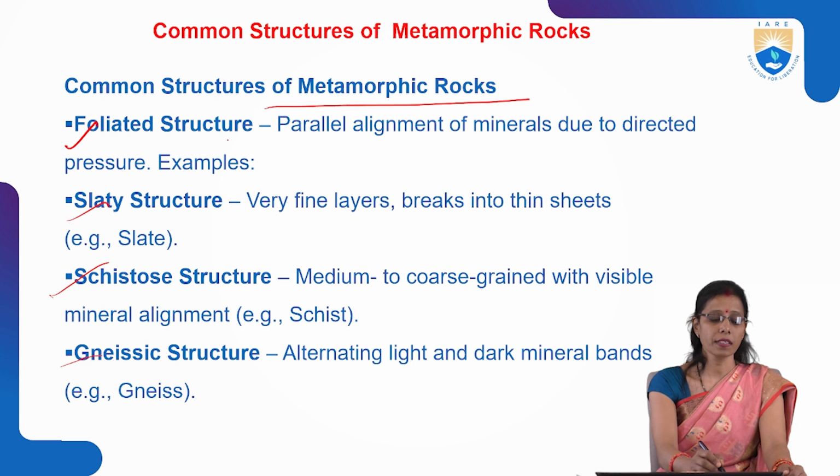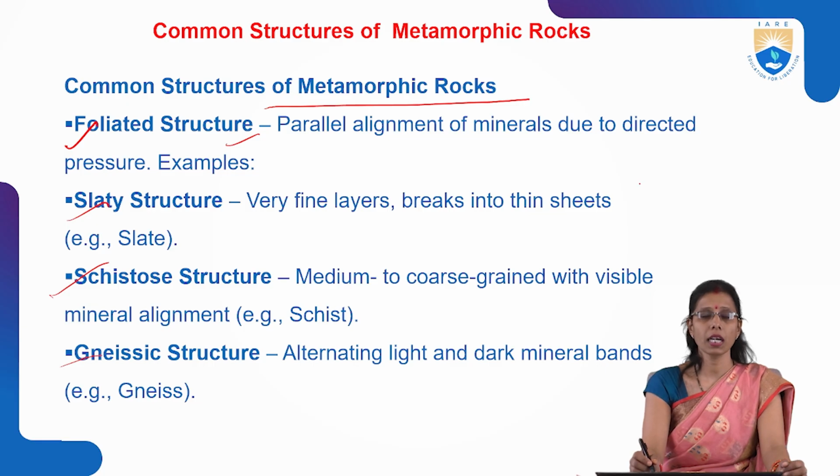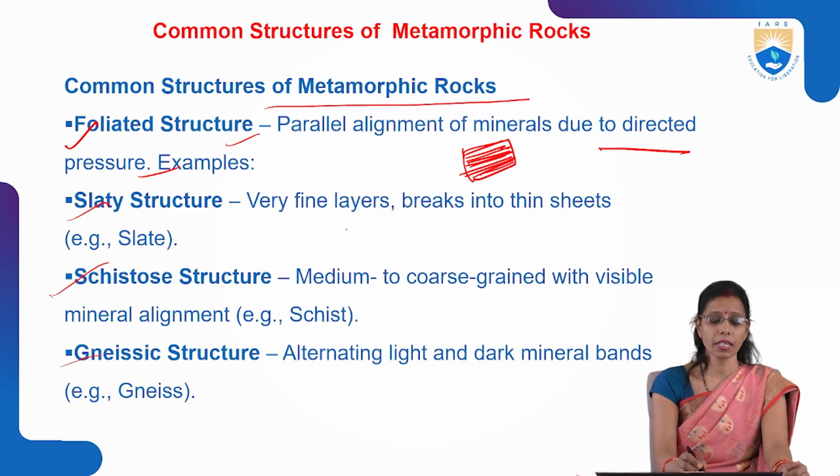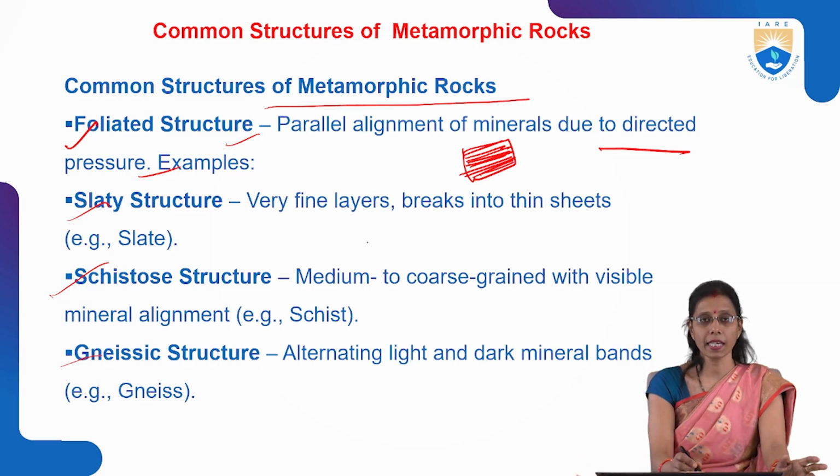So what is a foliated structure? It is a parallel alignment of minerals due to directed pressure. So when the rock is like this, the alignment of the minerals will go parallel like this in the rock. Slaty structure has very fine layers. The slaty type of rock has very fine layers and breaks into thin sheets.